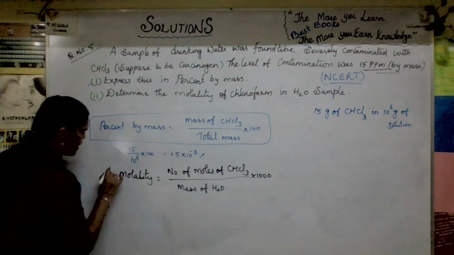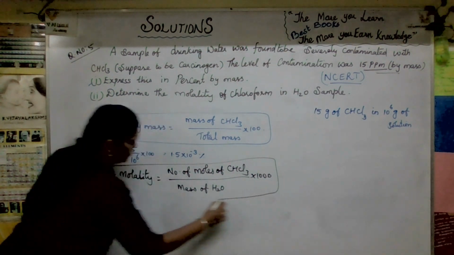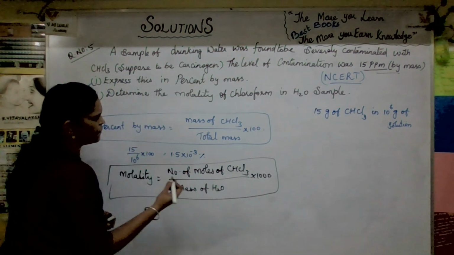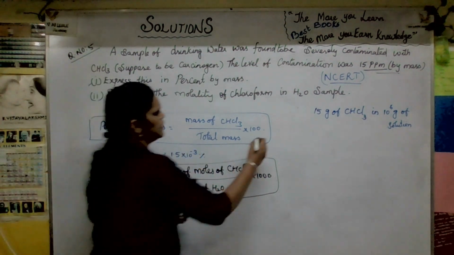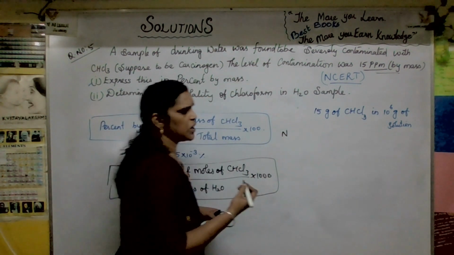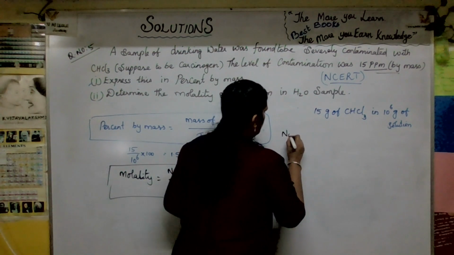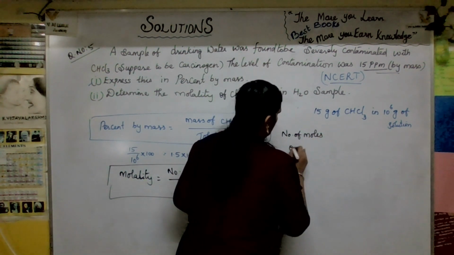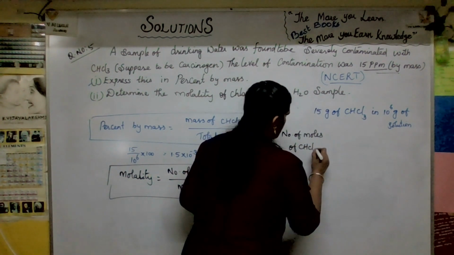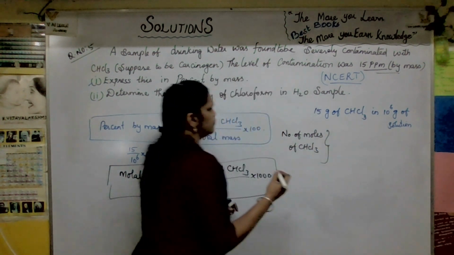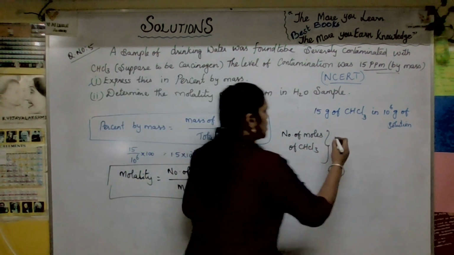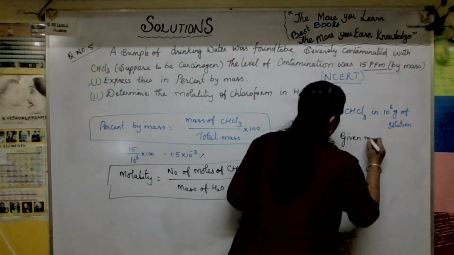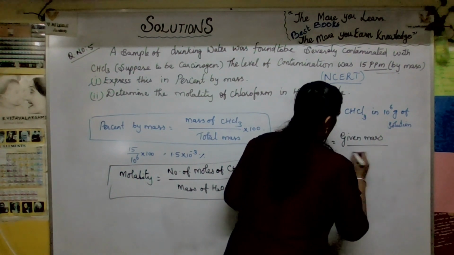This is the formula. Now we have to find out what it is, number of moles of chloroform. So how to identify number of moles? Given mass by molecular mass, right?